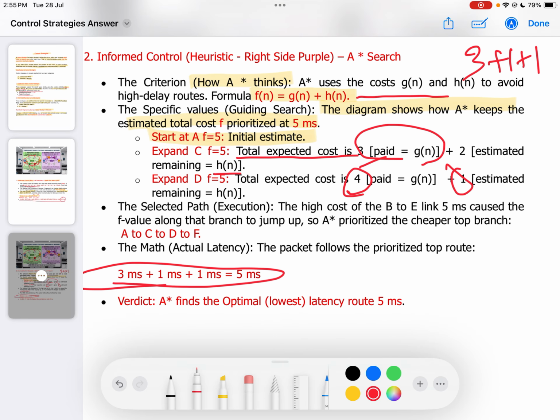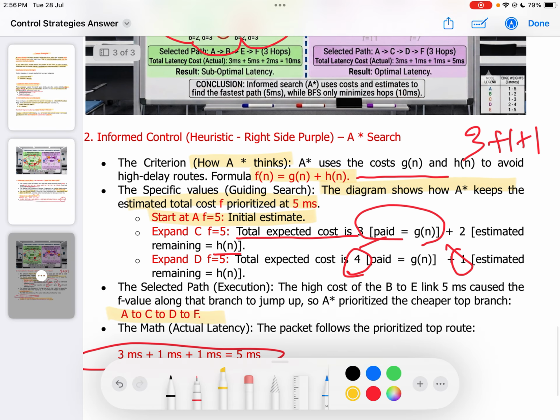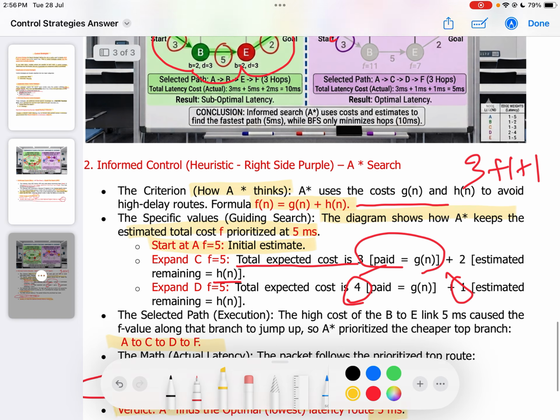As it looks at the complete path cost, it is able to choose the best optimal path. That is the verdict. The optimal lowest latency is 5 milliseconds. The A star strategy chooses such a path and moves in that direction.